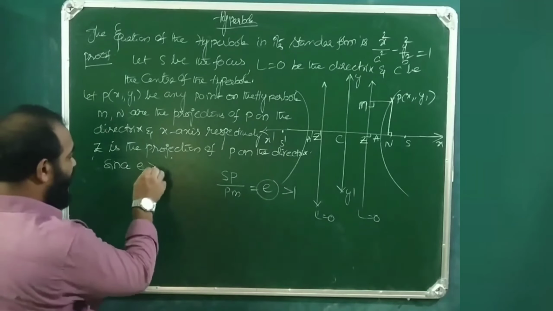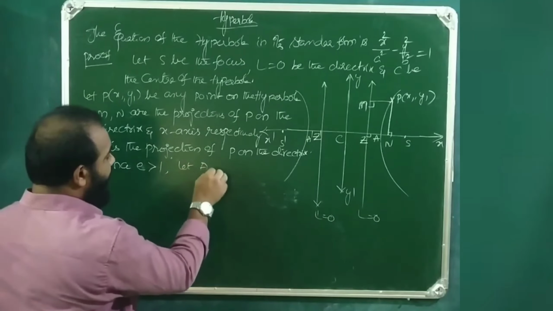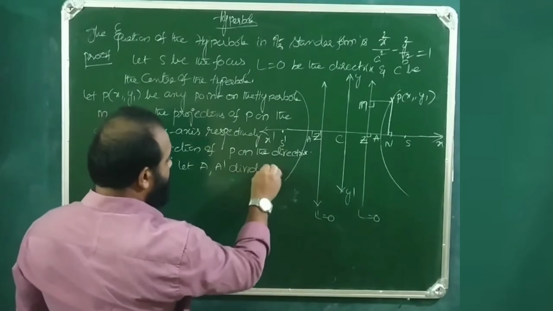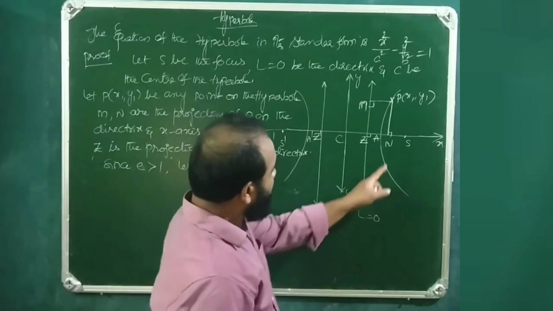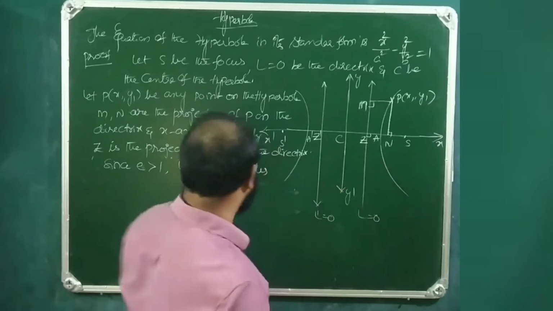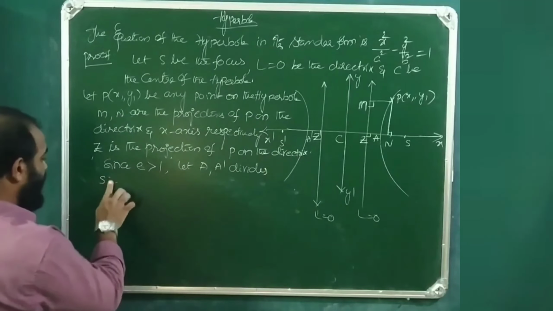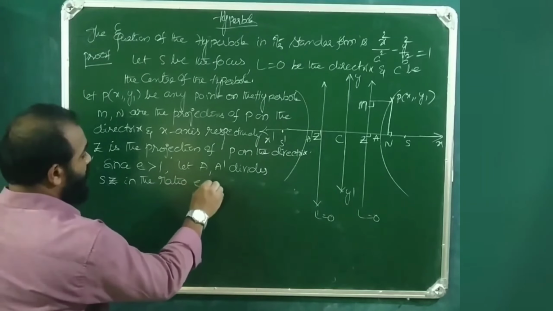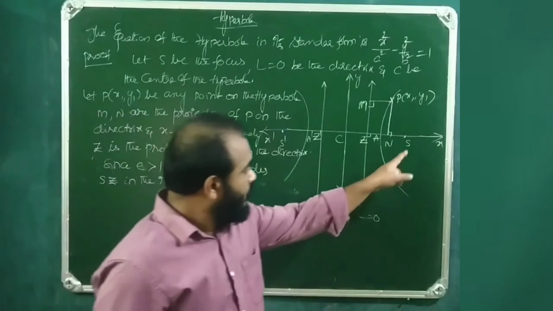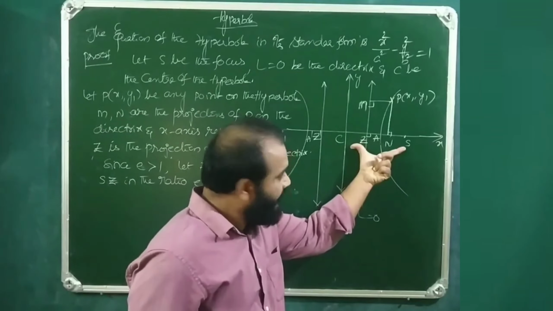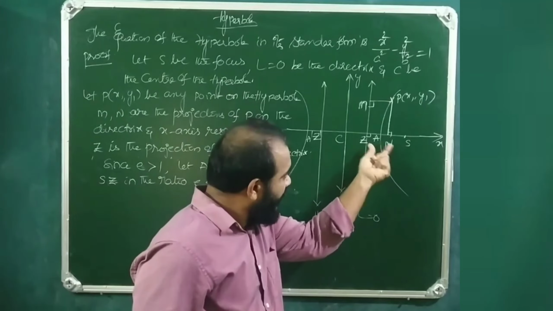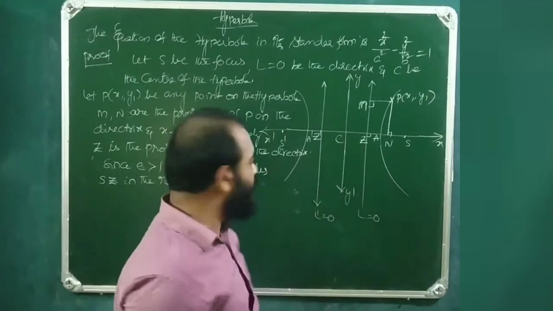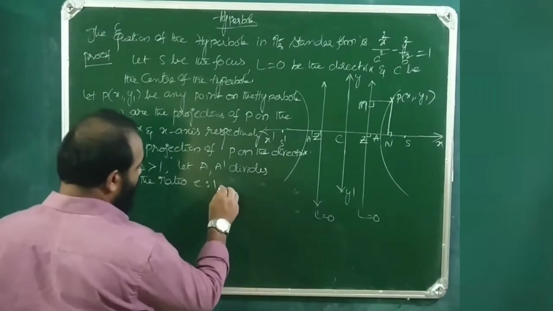Since E is greater than 1, let A comma A dash divide SZ in the ratio E is to 1. So A divides SZ internally and A dash divides SZ externally in the ratio E is to 1.